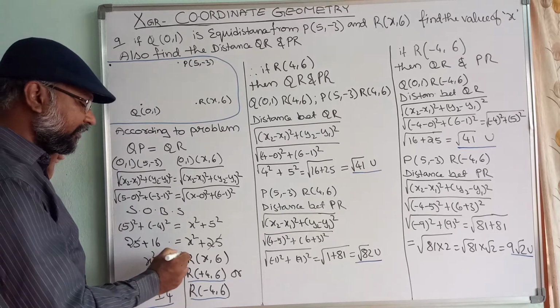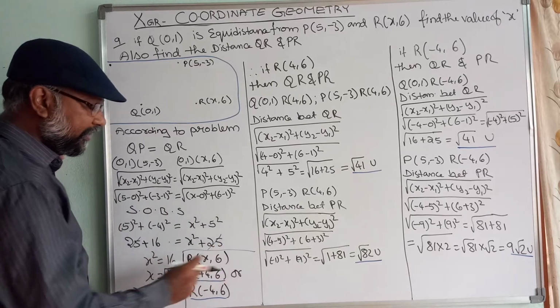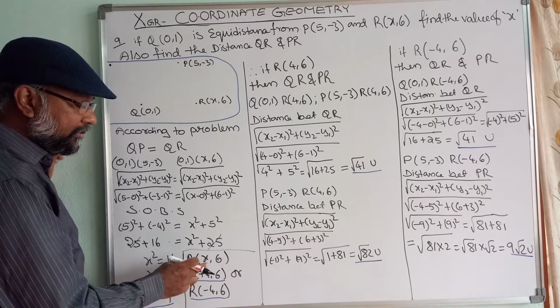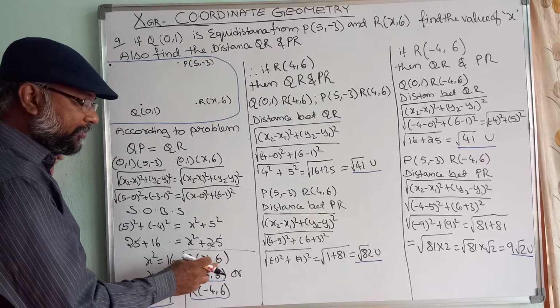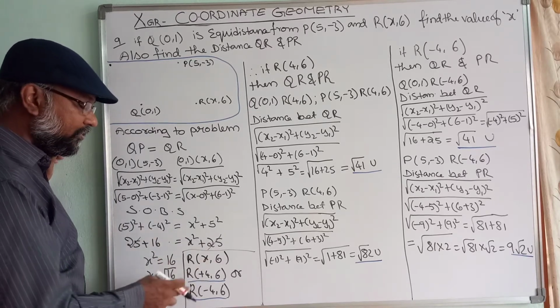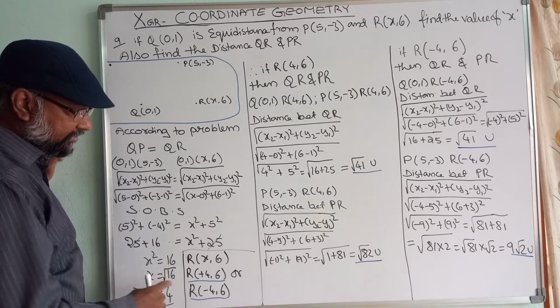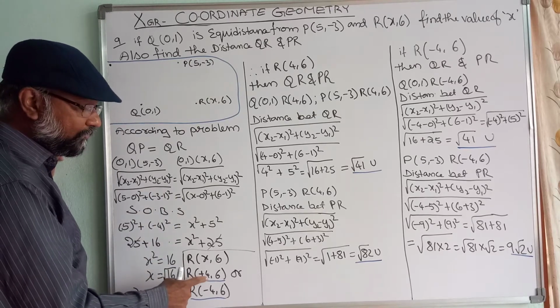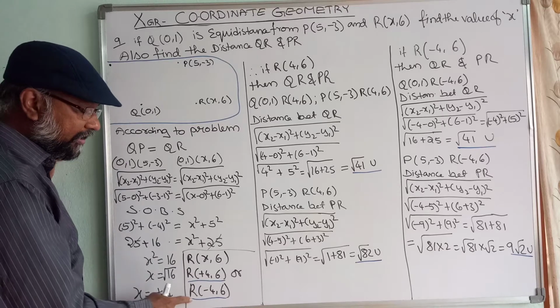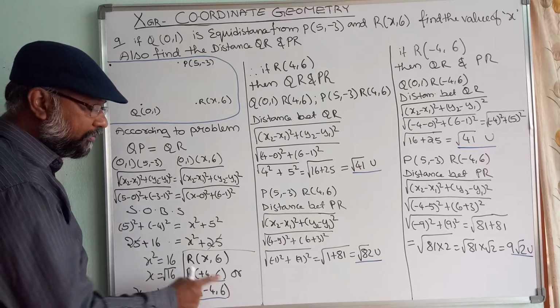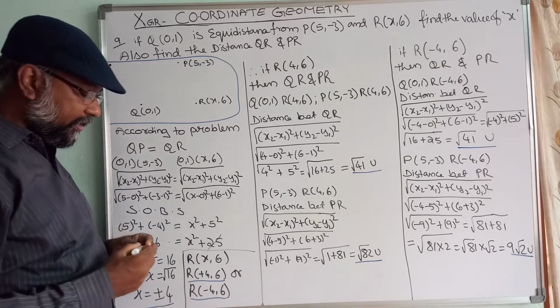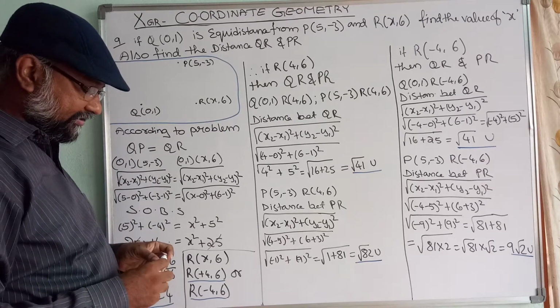That means R is equal to (x, 6). What is the x value? We have two values for x. R is equal to (4, 6), and R is equal to (-4, 6). We have two values for x.